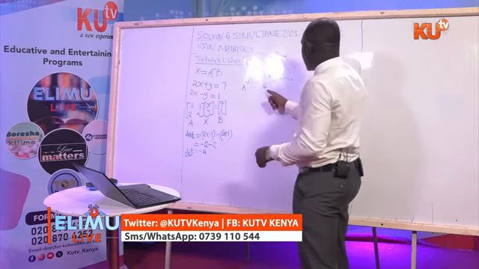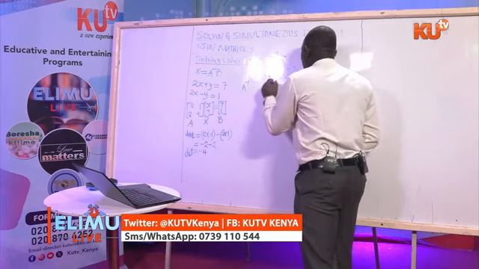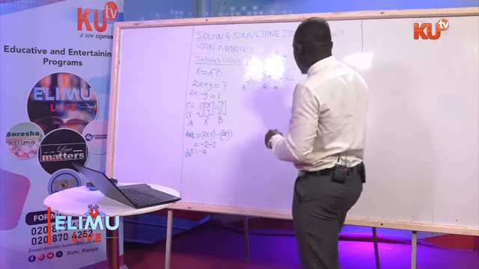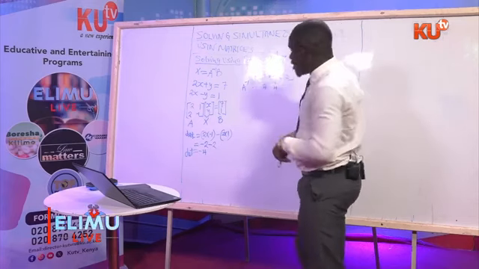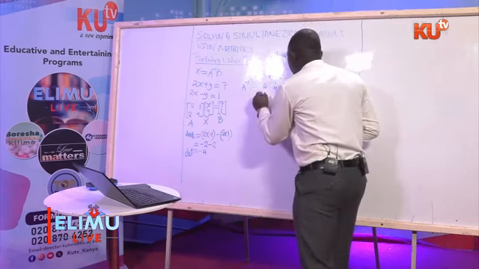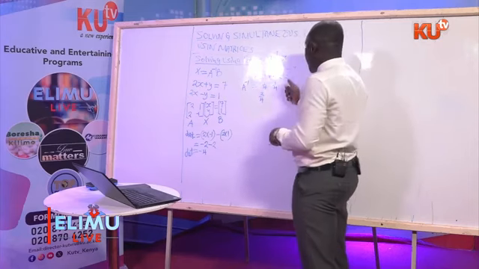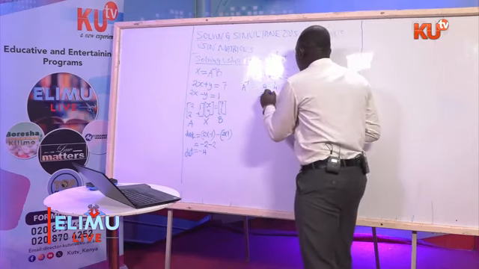Negative 1 over 4 times this negative 1, also 1 over 4, because a negative and a negative becomes positive. Negative 1 over 4, learners, times negative 2 will become 2 over 4. Then negative 1 over 4 times these 2 will become negative 2 over 4.